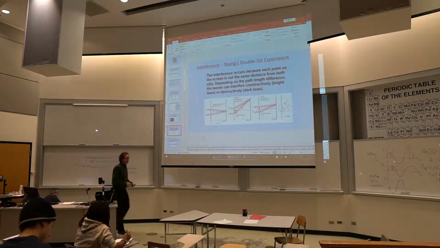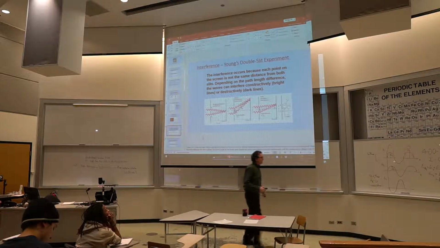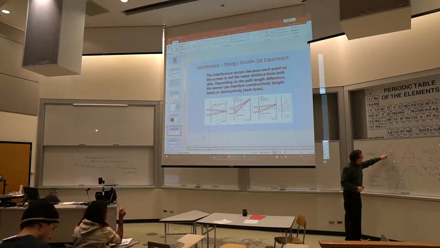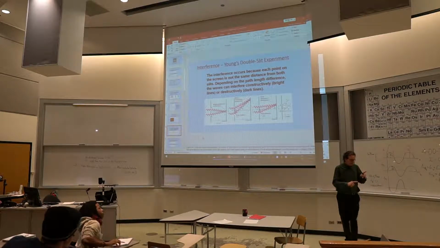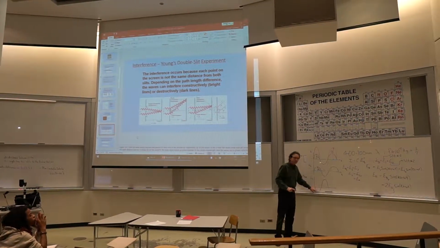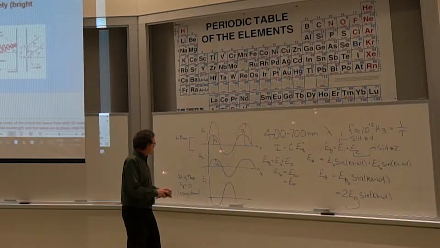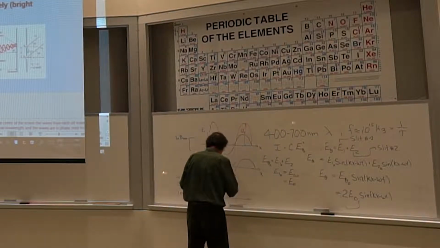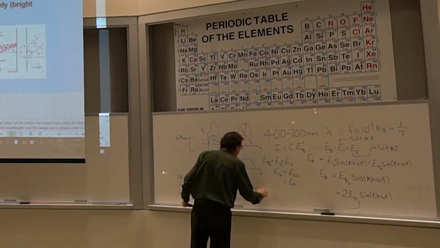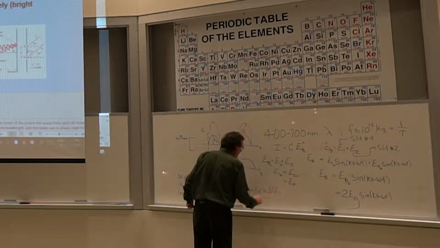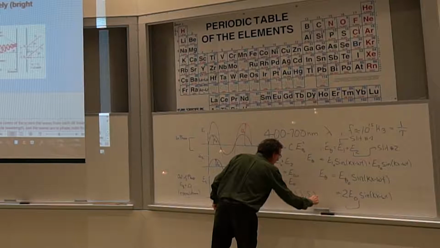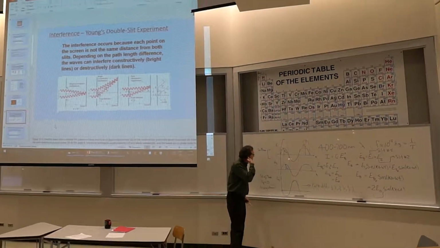Okay, now what about the dark spot? Well, the dark spots on the screen are going to occur when I have complete destructive interference. In that case, the maximum of the light from one slit occurs at exactly the same time and location as the minimum electric field from the other slit. And that's going to occur when the path difference must be equal to 1/2 lambda, 3/2 lambda, 5/2 lambda, etc. It's basically a half integer.